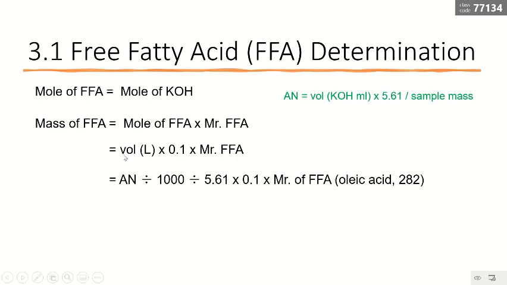Basically, instead of using the volume of the potassium hydroxide times its concentration, we can use this part. Basically, the volume of this part can be equal to AN divided by 5.61 here, right? Just leave this 1000 here. I will explain it in the next line.